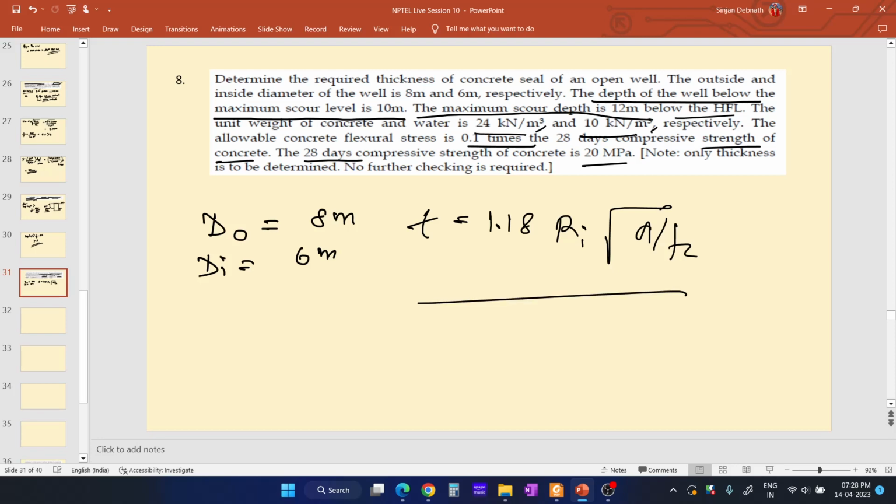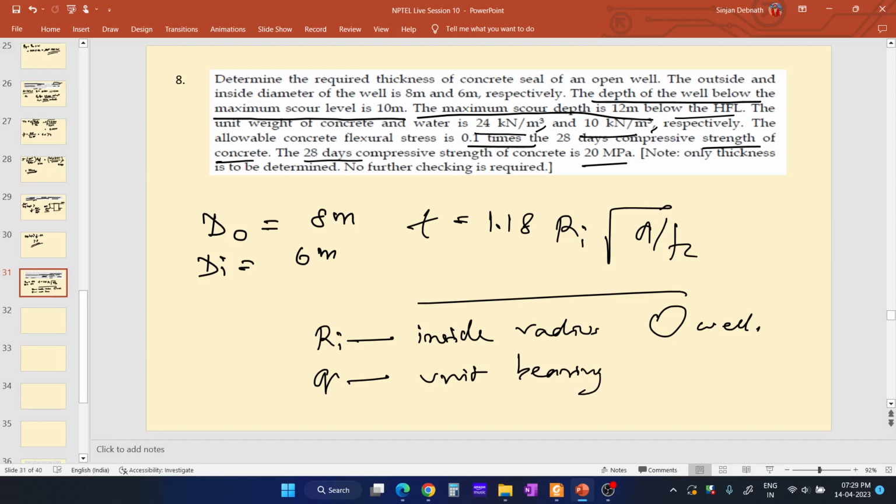Let me write it down over here. Ri is the inside radius of circular well. Q is the unit bearing pressure at the base of the well.